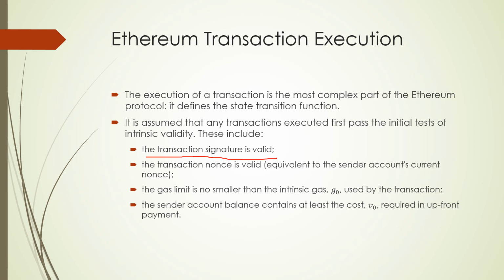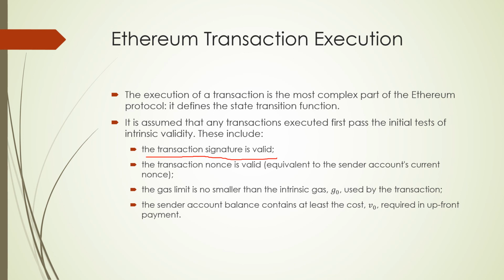And also, the gas limit should not be less than the intrinsic gas G0 that is used by the transaction, so that we can pay for the gas of the transaction, and the transaction doesn't need more computational power than the gas limit.